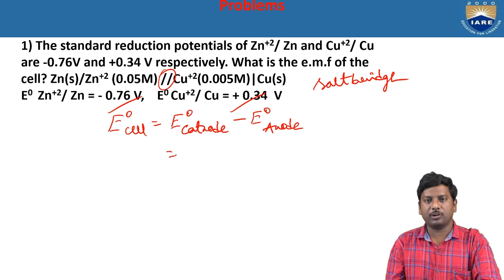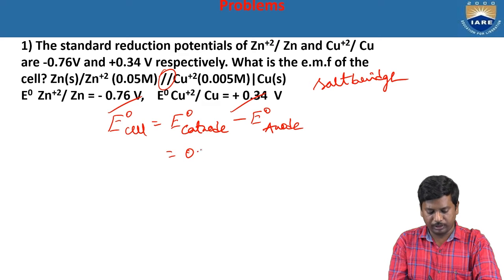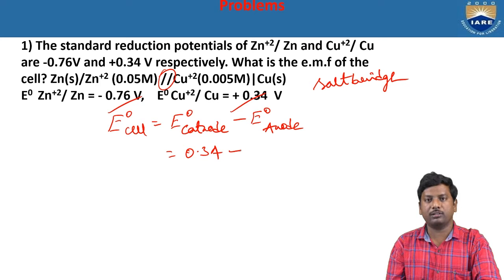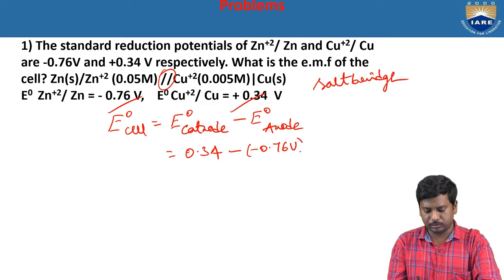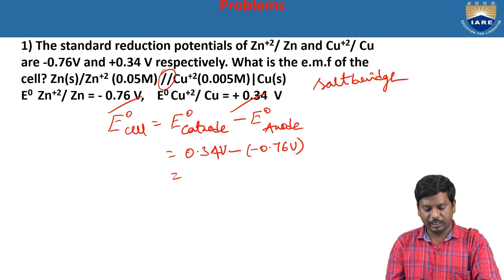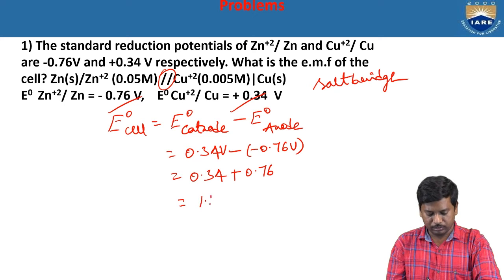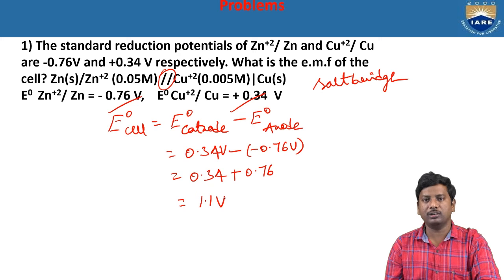As per the given data, the potential at the cathode is 0.34 volts minus the potential at the anode, which is minus 0.76 volts. So we get 0.34 minus of minus 0.76, which is 1.1 volts. This is the EMF of the cell.